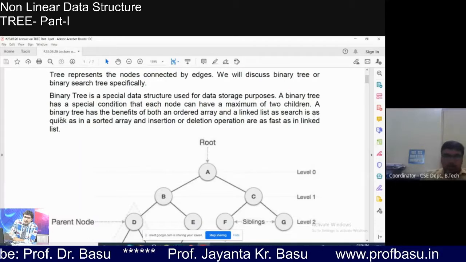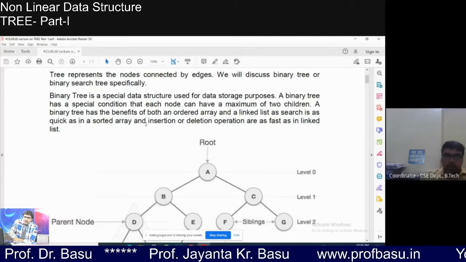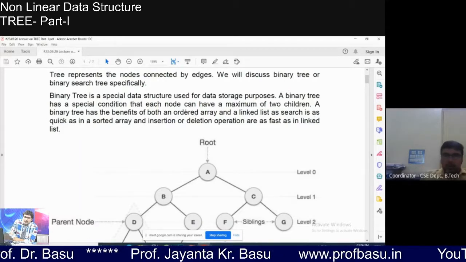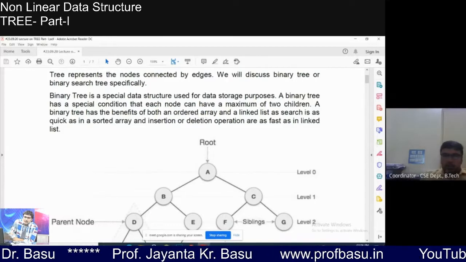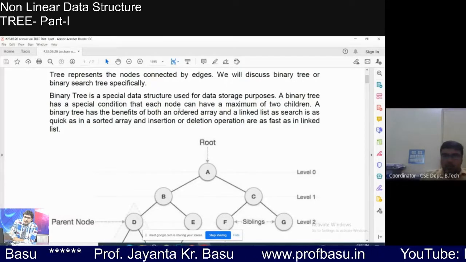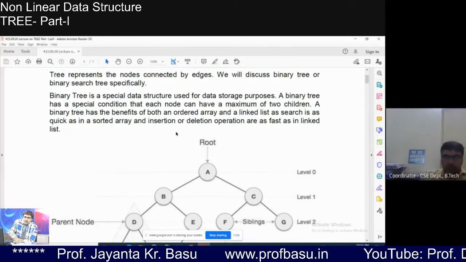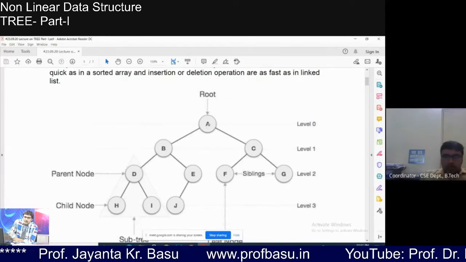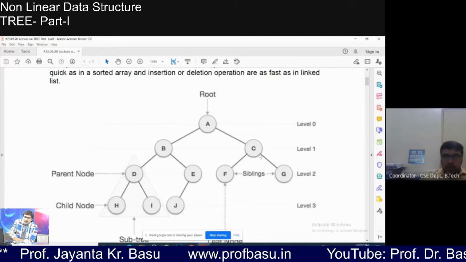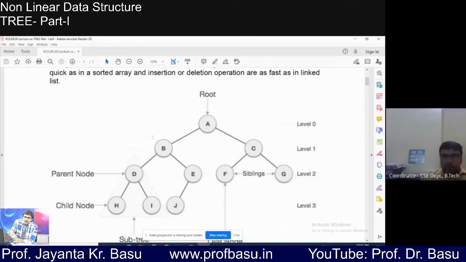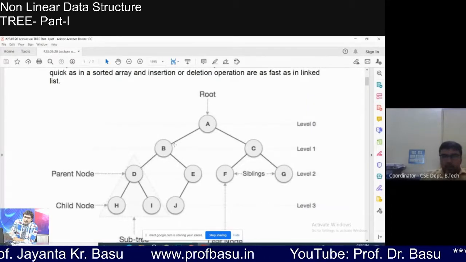As such, search is as quick as in a sorted array. I will describe all this later: how, with the help of an ordered array, we can represent a binary tree. You can say that here the concept of linked list will be used.